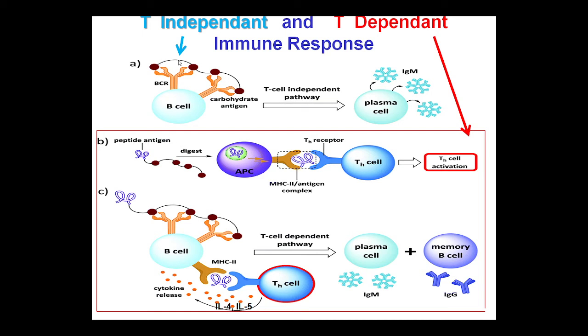These polysaccharides, microbial capsule polysaccharides, may directly bind to the antibody receptors of B lymphocytes and activate these B cells for transformation to plasma cells and producing immunoglobulin M. It means some polysaccharides may, without T cells, cause transformation of B cells to plasma cells and synthesis of immunoglobulin M. But proteins, lipids, and other complex antigens, such as carbohydrates conjugated to proteins, usually cause T-dependent immune responses.